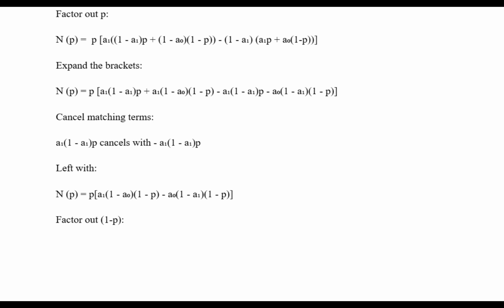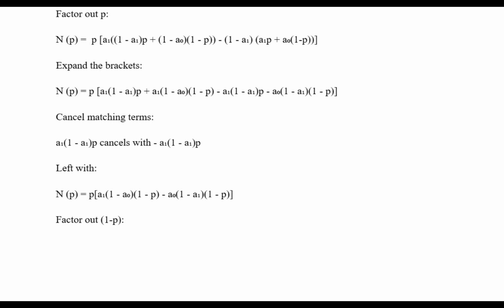Then we're going to distribute the (1 minus a1) and the negative to the a1p and the a0 times (1 minus p). That's going to get us a negative a1 times (1 minus a1p) minus a0 times (1 minus a1) times (1 minus p). Next, we're going to cancel matching terms. So a1 times (1 minus a1p) cancels with negative a1 times (1 minus a1p).